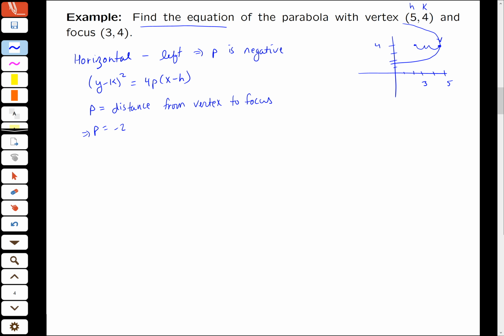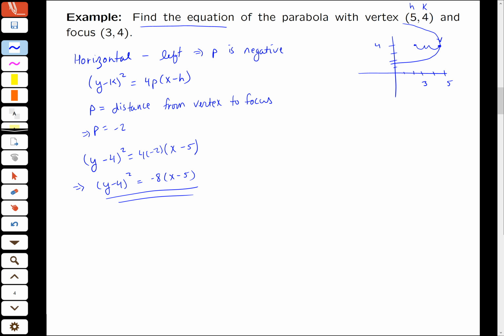H is 5, k is 4. I can plug it in. So (y minus 4) squared is equal to 4 times negative 2 times (x minus 5). What is 4 times a negative 2? Negative 8. There's our equation in standard form.